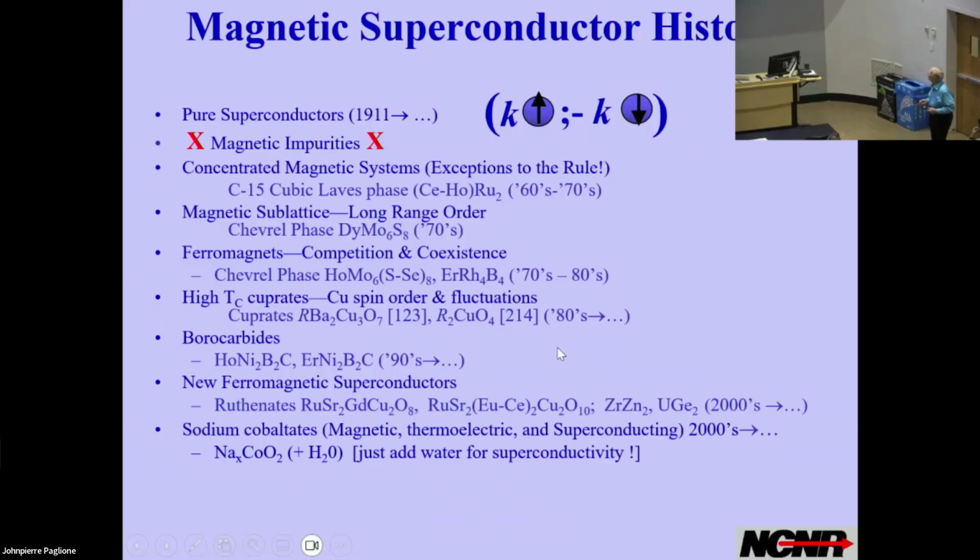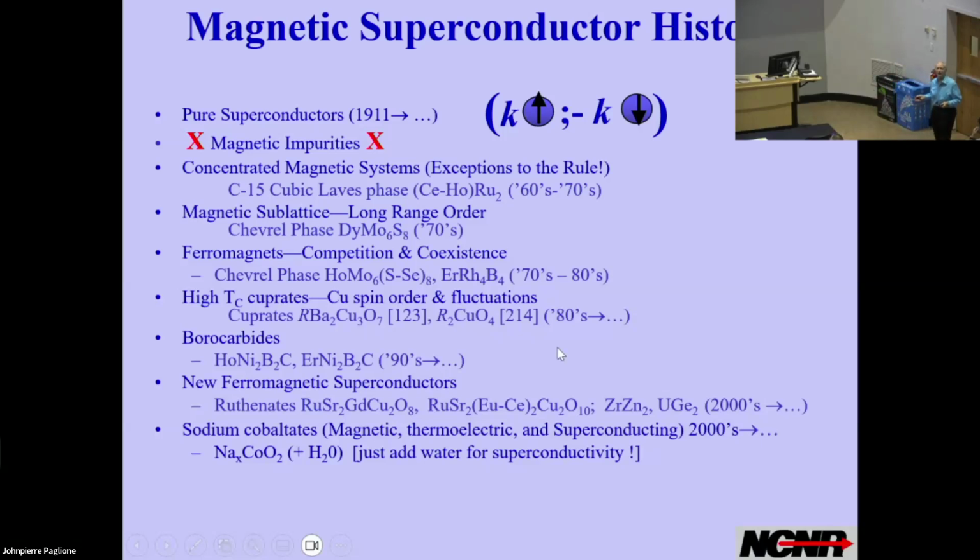And then the sodium cobaltates, and we heard a talk from Ephraim about that. You take these systems and you add water, and the C-axis almost doubles, which is incredible. You can take a single crystal, put water in it, it doubles the C-axis, maintains a single crystal, and is a superconductor.